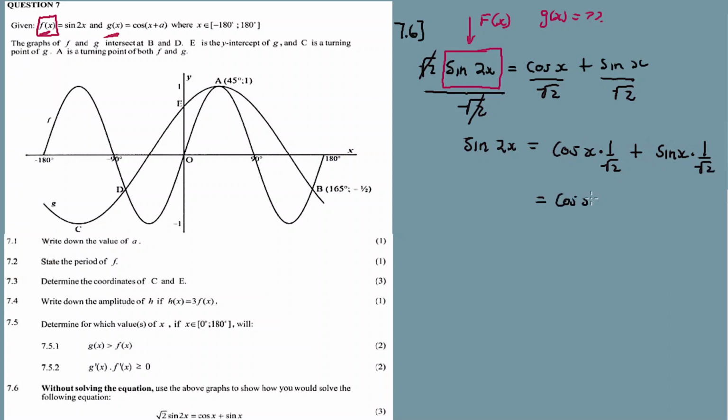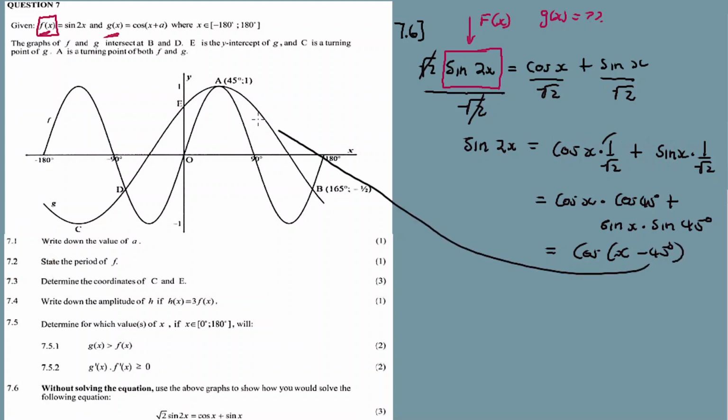So about cos x times cos 45 degrees plus sine x times sine 45 degrees. Cos 45 unginikeza 1 over square root 2. Sine 45 unginikeza 1 over square root 2. Yebo? So ngisimplify kanje, then I write it down as a compound angle. Yebo, cos of x minus 45 degrees. Bingo. Nayi lapha.